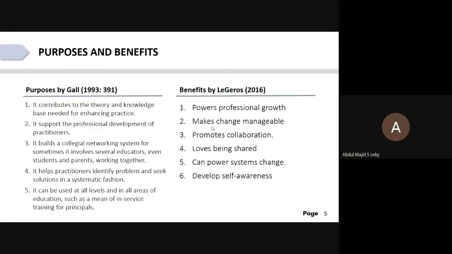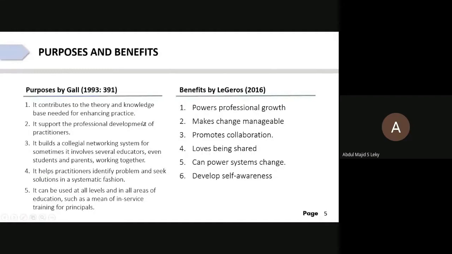When you find problems in the classroom and you try to find a solution by changing your teaching style, you can manage the change. So you can see what is actually going on and what is the best strategy to manage the classroom and to find the solution for the classroom problem.